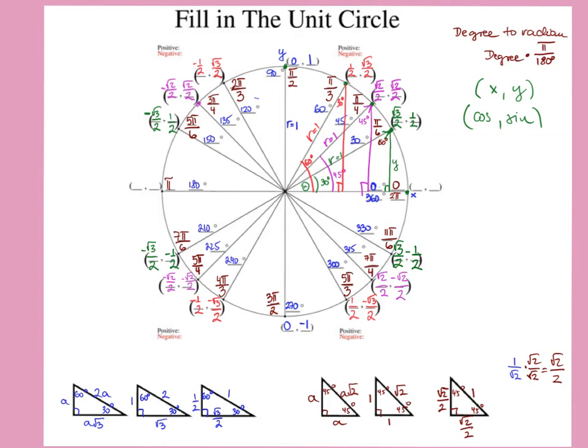As you notice, we only have two angles that we haven't filled in. One of them is 0 or 2 pi, and the other one is the 180 degrees or pi. So if I look at those, at 0 degrees, or at this point right here in the unit circle, I know that this here is a radius all the way to the point. So this is a radius of 1. So the x-coordinate is 1, and your y-coordinate, since the point is on the x-axis, is 0.